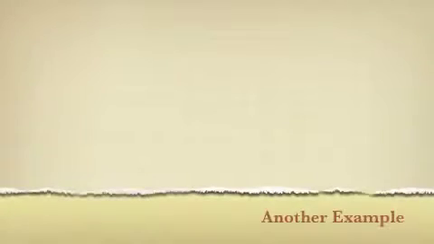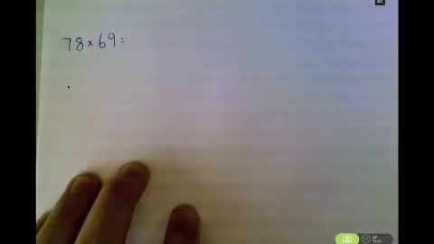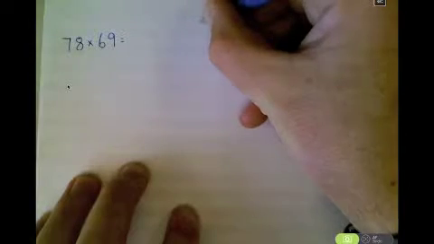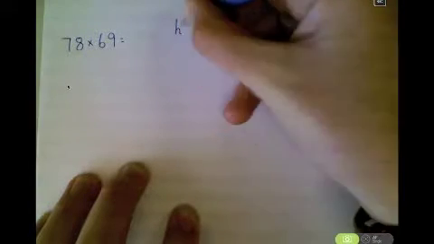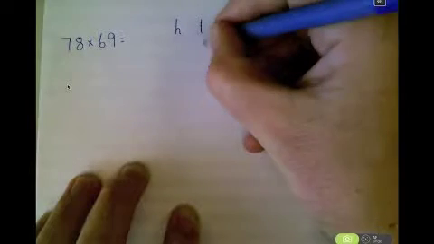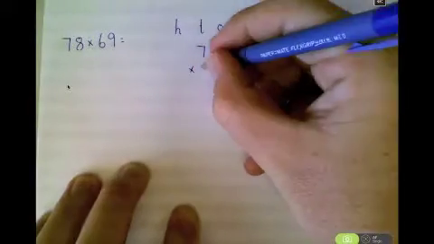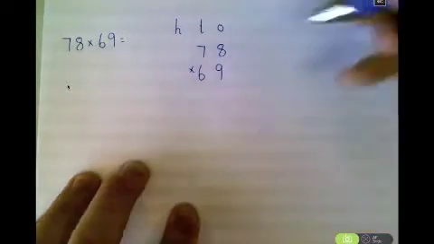So once again, setting it out, we need to have our numbers in columns, so ones, tens, hundreds. 78 times 69.